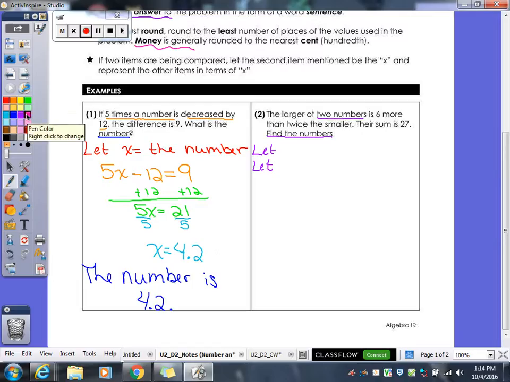So it tells me the larger of 2 numbers is 6 more than twice the smaller. The smaller one is mentioned last, so that is your x. Whichever one they mention last is always your x. So I'm going to say let x equal the smaller number.